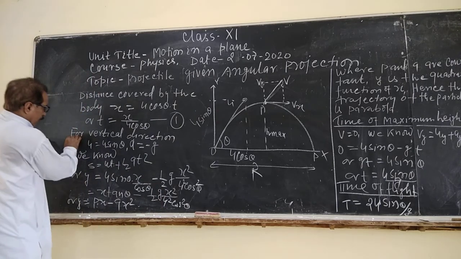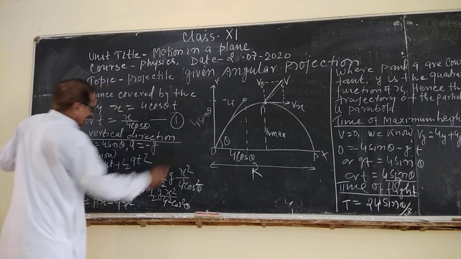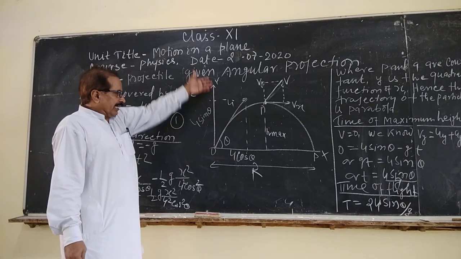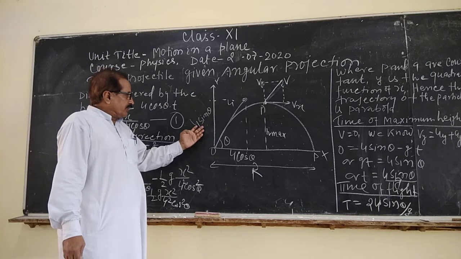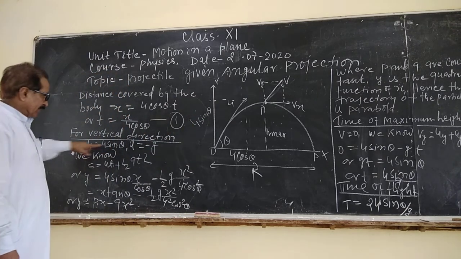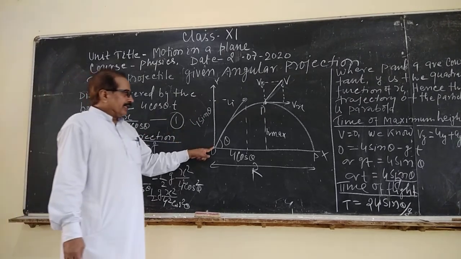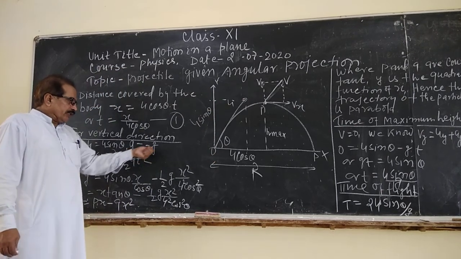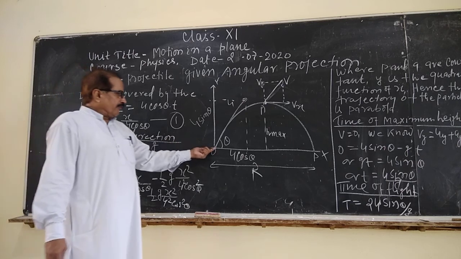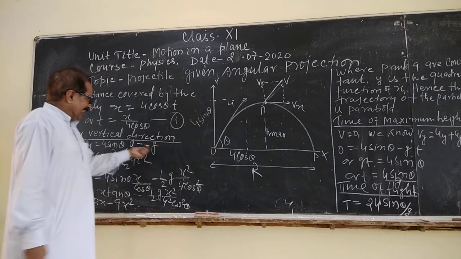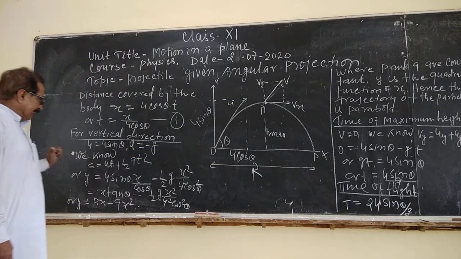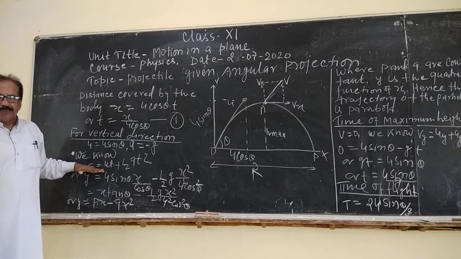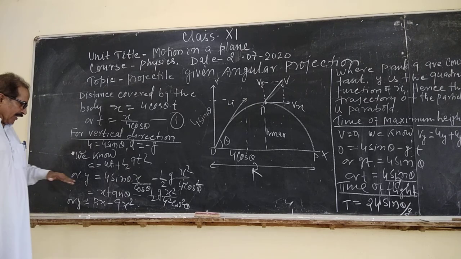Now for the vertical direction, initial velocity is u sin theta, and a is the acceleration due to gravity, denoted by g, but the direction of g is negative, so a is equal to minus g. We know the formula s is equal to ut plus half at square.